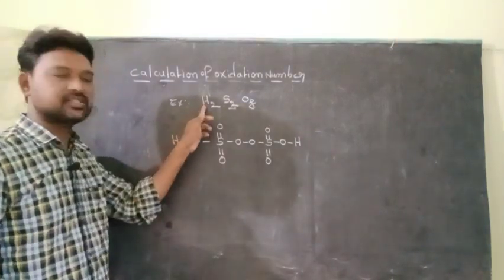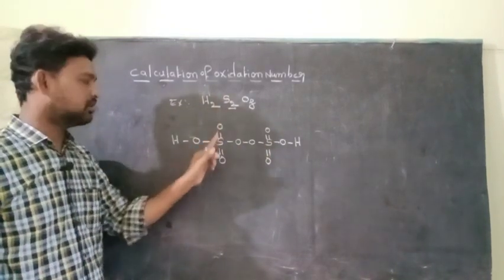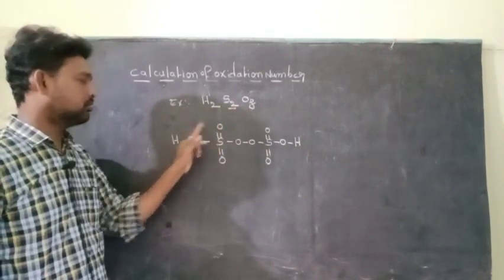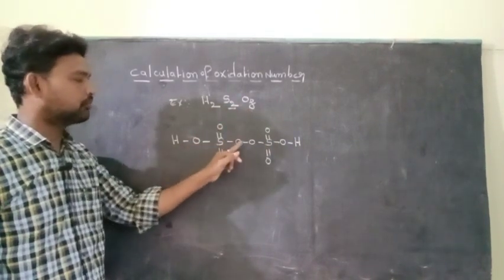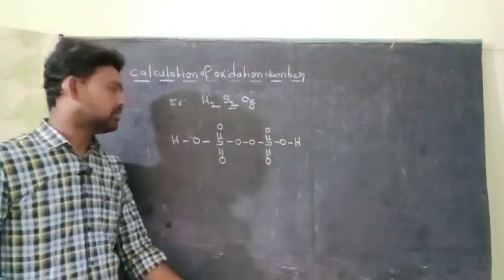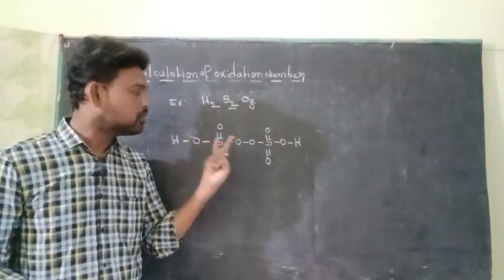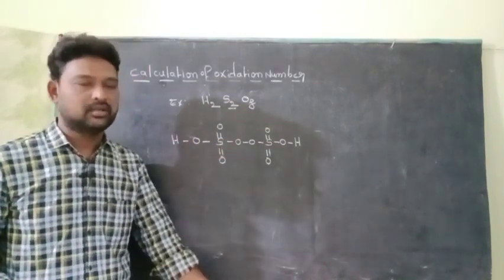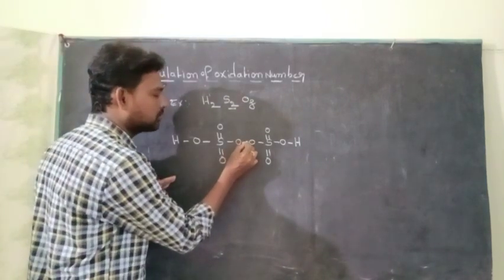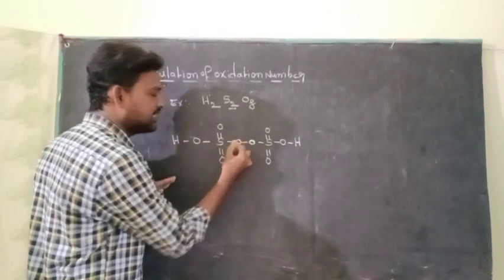Two hydrogen atoms are there, two sulfur atoms are there, and eight oxygen atoms are there: 1, 2, 3, 4, 5, 6, 7, 8. But in this structure we can observe two oxygen atoms bonded by one single bond.